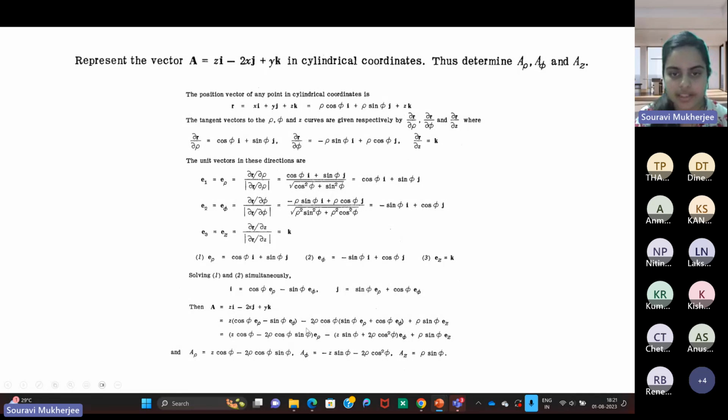There is no x, y, z here. Now if you solve and simplify it, you would get some component a rho times e rho, where e rho is the unit vector along rho, plus some a phi times e phi, and some az times ez. So this gives you the components in the cylindrical coordinates. Is it clear to all of you?